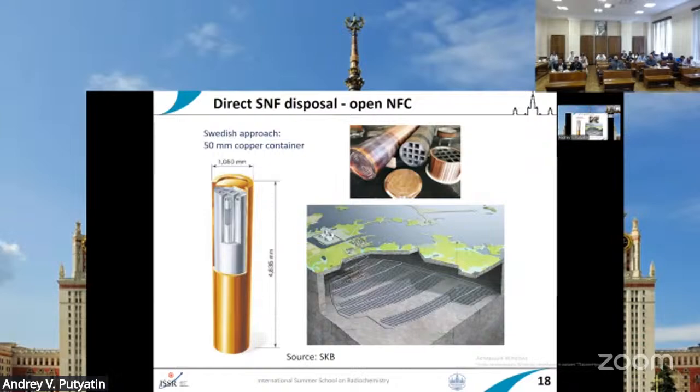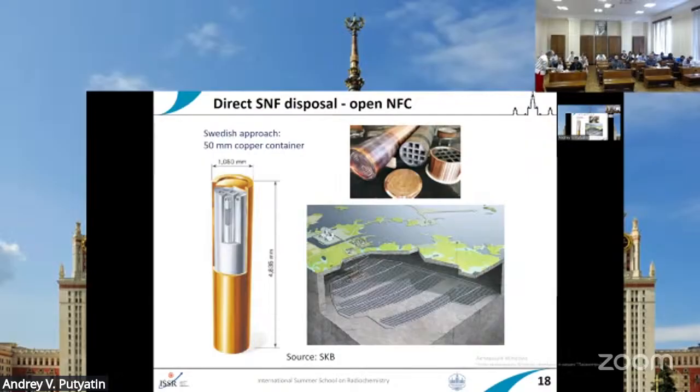So this package is really enough for the long-term safety of the spent nuclear fuel cask. That's why there is no need again to reprocess this, to dissolve, to treat somehow this material. It is already in good form, just to put it in an additional canister.